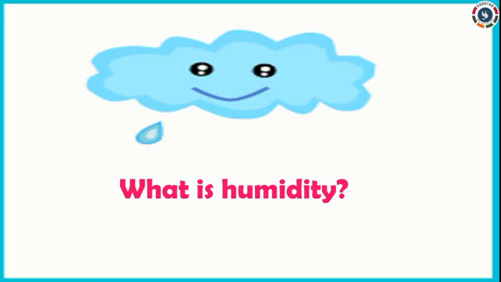Water vapor is formed due to evaporation of water. The amount of water vapor in the air is known as humidity. Have you understood, dears? Humidity increases after it rains.